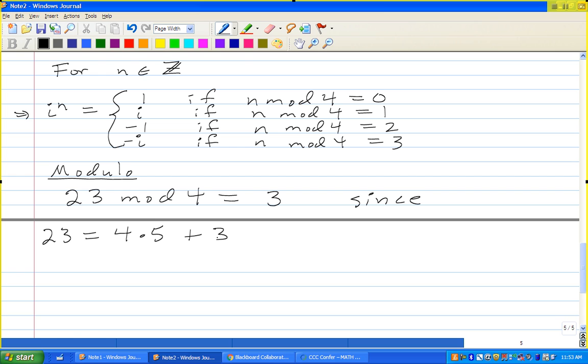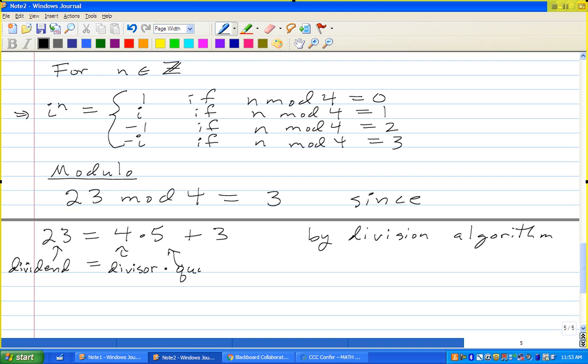This is the division algorithm. So we did this before. The dividend is the divisor times the quotient plus the remainder.